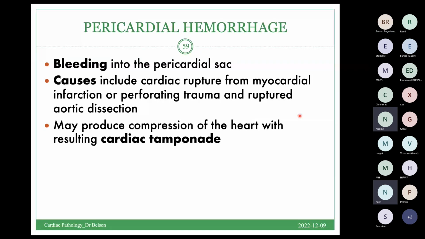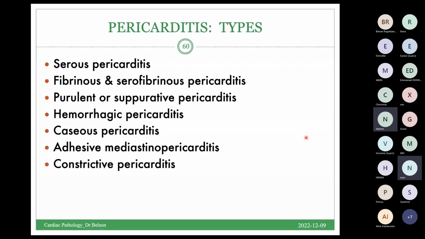So yari yaviriye muri iyi pericardial sac, harimo amaraso menshi, but fortunately the aorta was intact and so on. Ariko yagize cardiac tamponade itewe na pericardial hemorrhage, just traumatic. So pericarditis, it can be serous, it can be fibrinous.